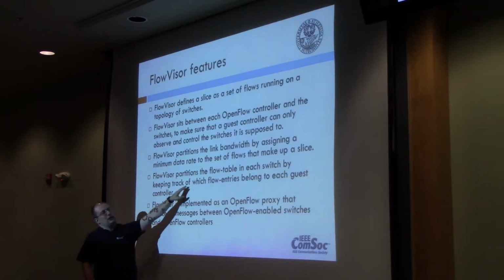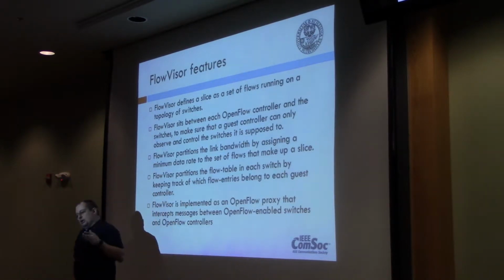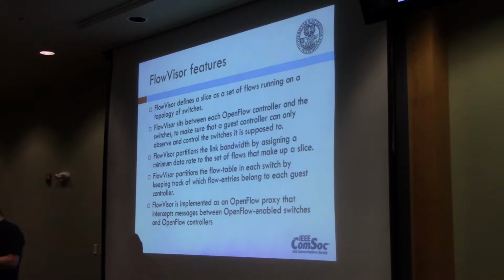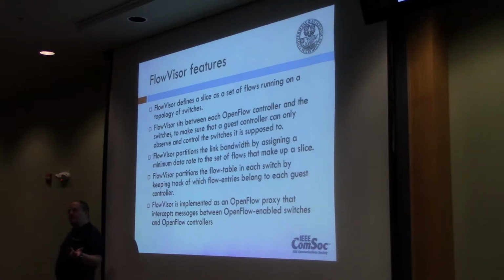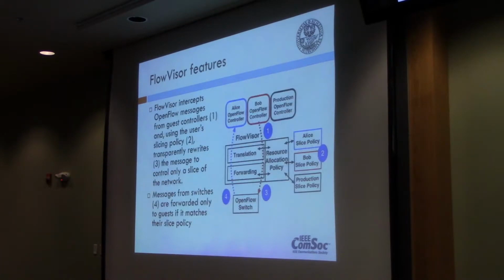For example, it can check that the controller works only on the flow tables that it is intended to control, or on a subset of the flow tables that it can control. And it can also drop messages. So if a controller does something that is not foreseen, that is not allowed, it can be dropped.